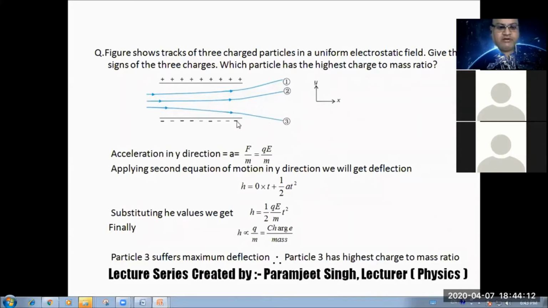negative plate, downward. This is the x-axis, this is the y-axis. These particles are deviating along the y direction and moving along the x direction. Their motion is along the x direction, but when they are passing through the charged plates, both x and y are changing, and they are deviating along the y direction.